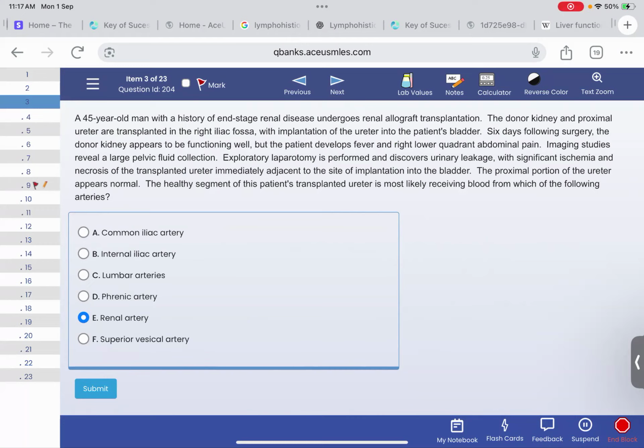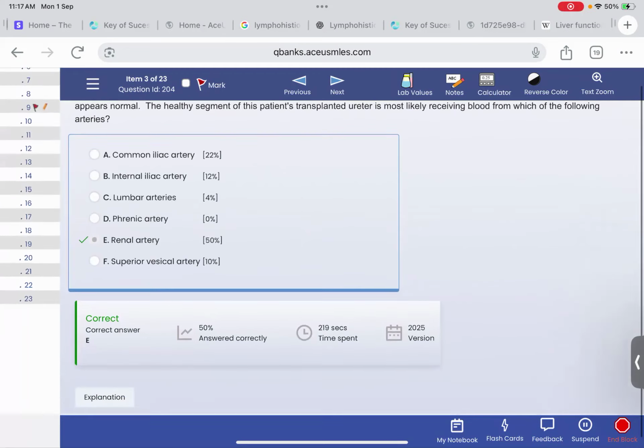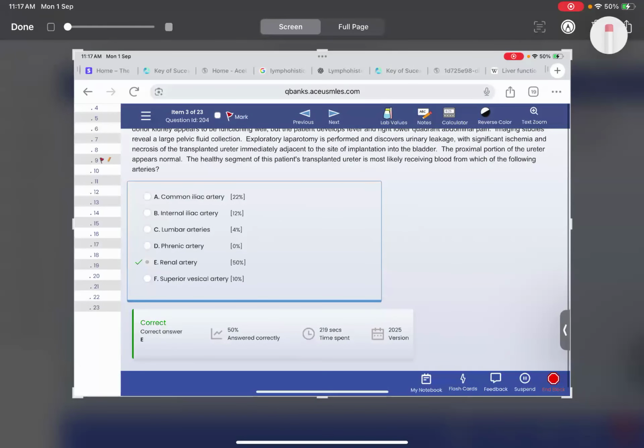So I'm saying that you don't need to go into great details of anatomy for Step 1. You only need some important high yield concepts, and most of the MCQs are covered from First Aid.